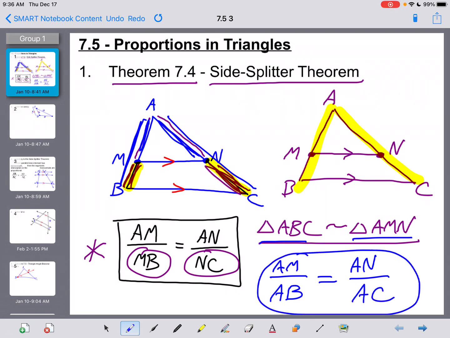We already knew this from similar triangles and our similarity statement. So the side splitter theorem is almost like a corollary as opposed to its own theorem, but it is one that saves us some work.